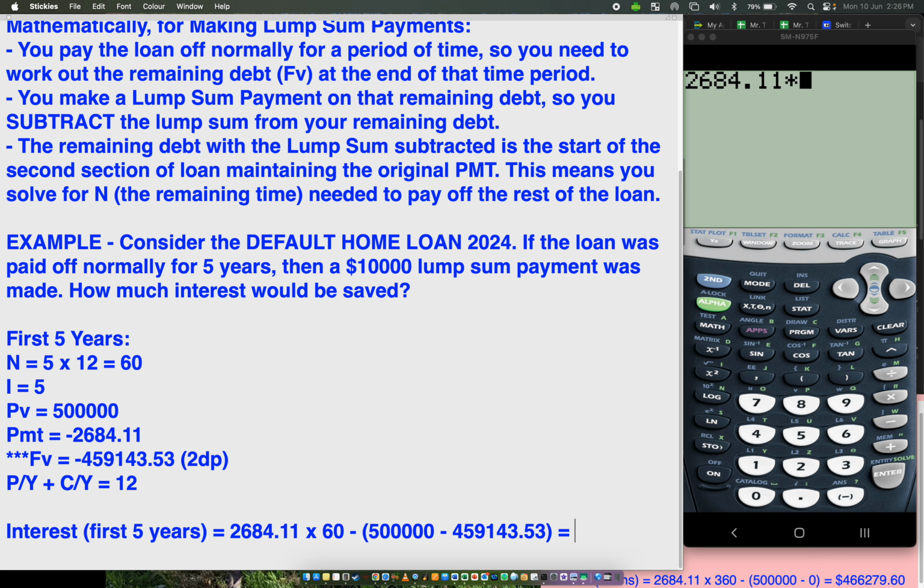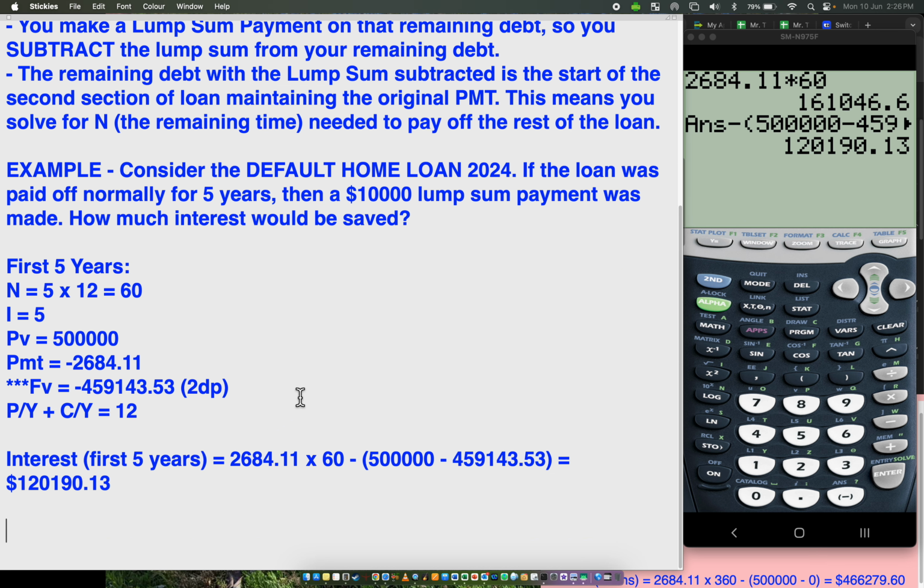That means I paid $120,190.13 in interest in the first 5 years. Okay, I need to do that because this loan has been broken up into 2 pieces, normally for 5 years and then the lump sum.